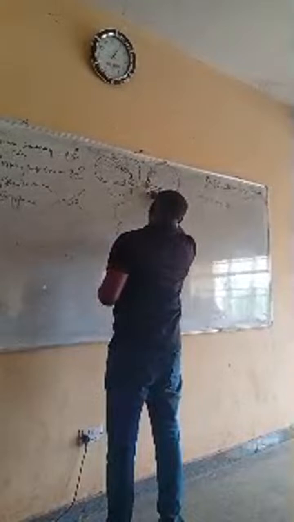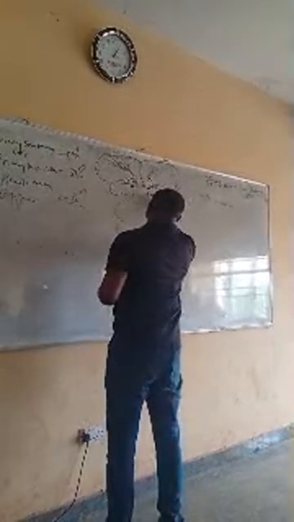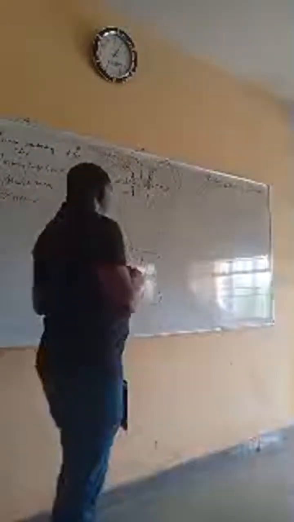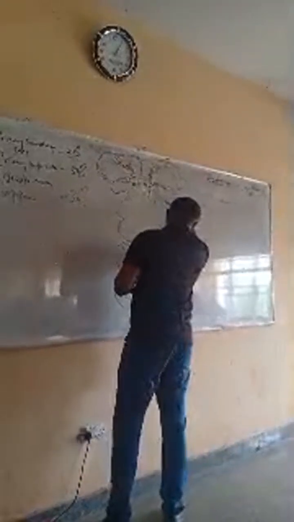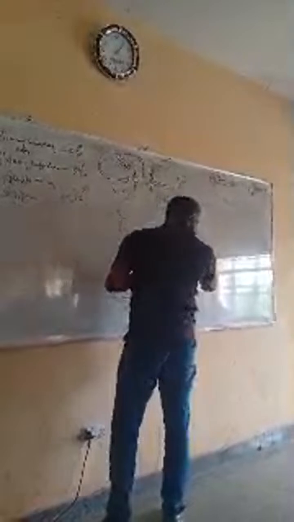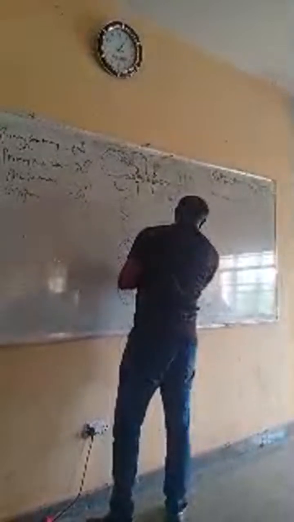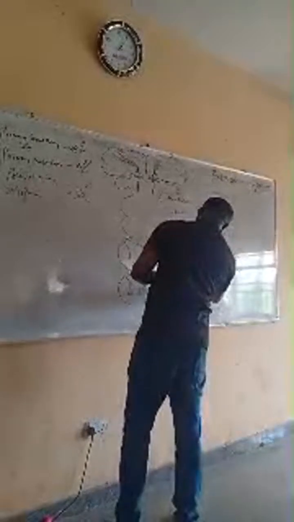And then, of course, they go down to the midbrain. This is the midbrain, this is the pons, this is the medulla, and these are the spinal cord.